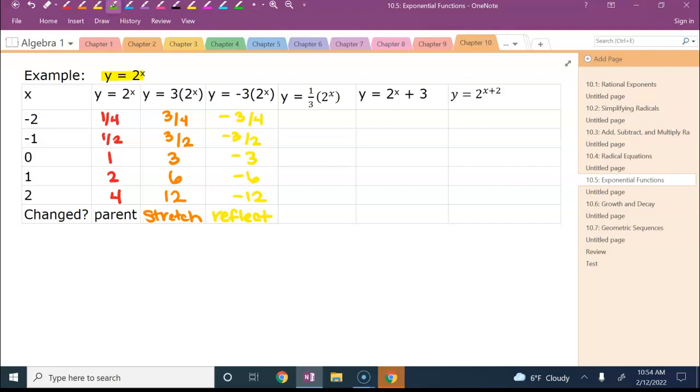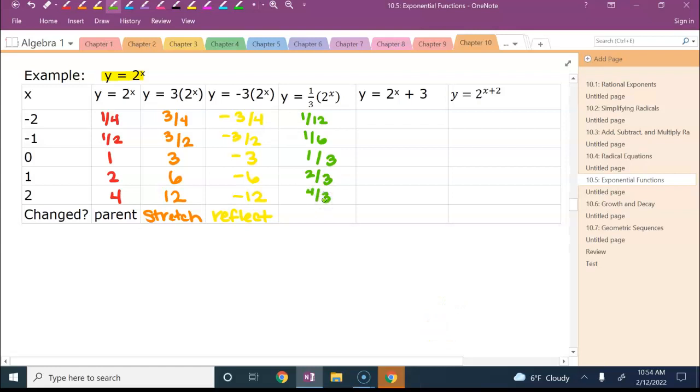The next one we have in our chart says 1/3 times 2 to the x power. So again, you can type that into your table function. We get 1/12, 1/6, 1/3, 2/3, and then 4/3.